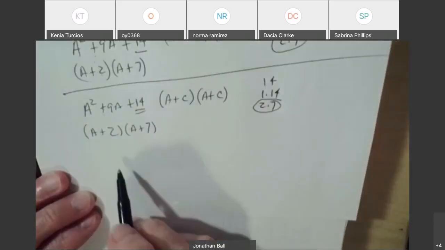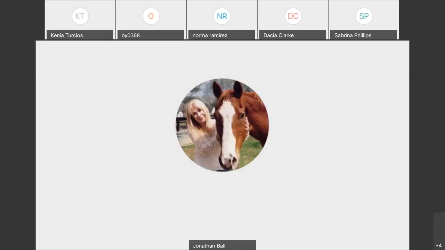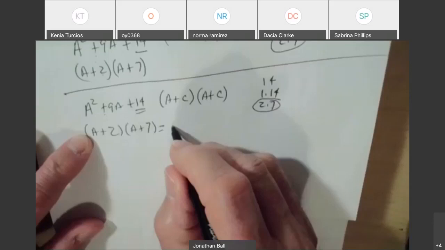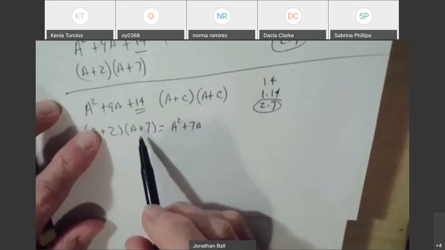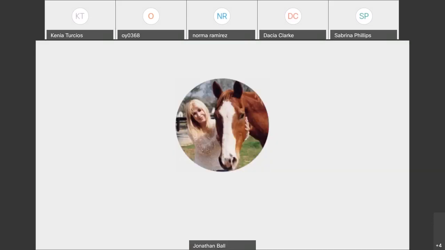Now, if you do this backwards, if you multiply this out, you're going to come up with this. If you don't believe me, let's look. A times A is a squared. A times 7 is 7a, right? Now we do the 2. 2 times A is 2a, and 2 times 7 is 14.